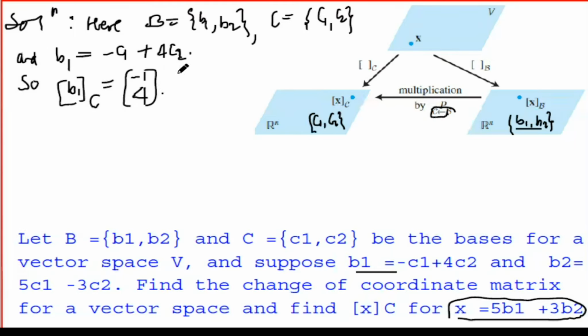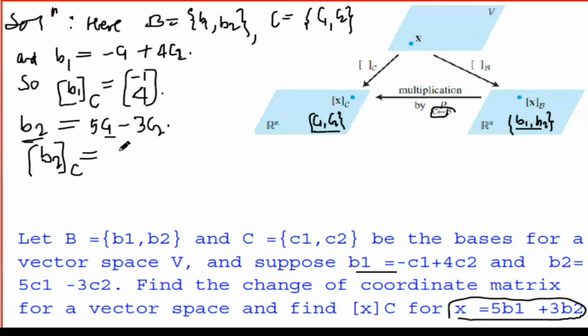And we are given that B2, also a basis vector, can be written as a linear combination of the two basis vectors C1 and C2: 5C1 minus 3C2. So the C coordinate for B2 is 5 and minus 3.